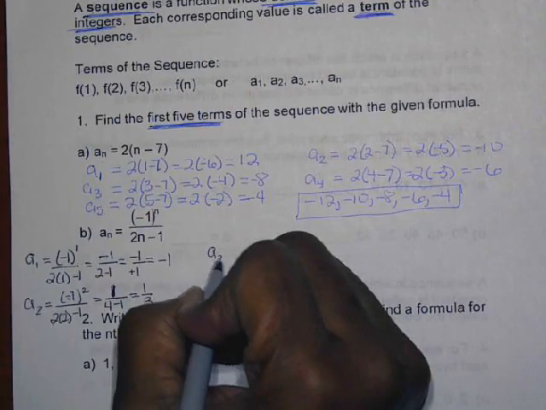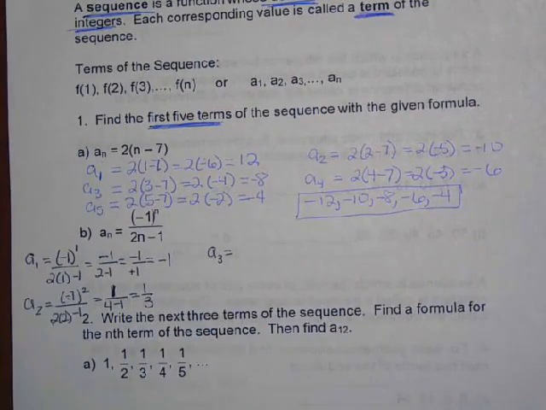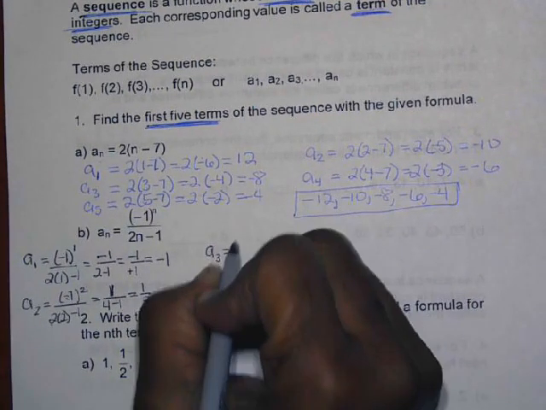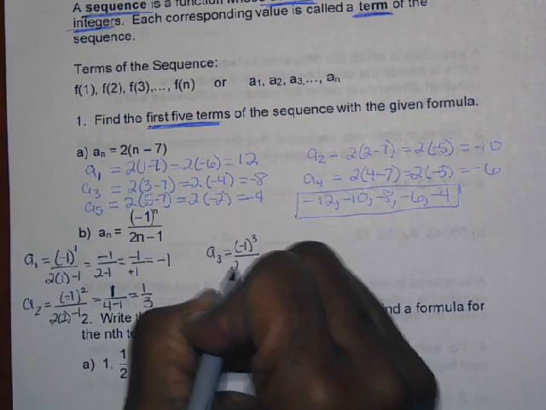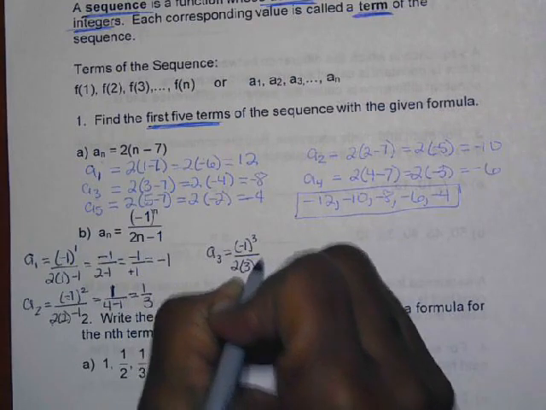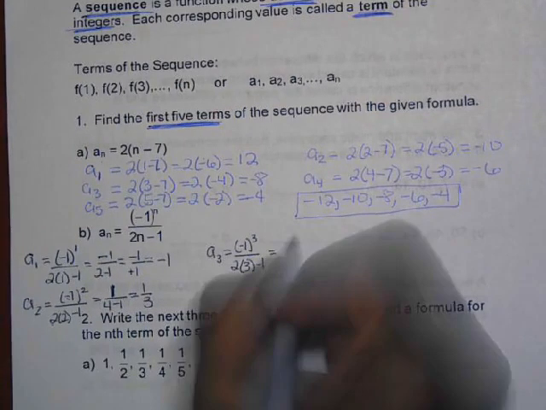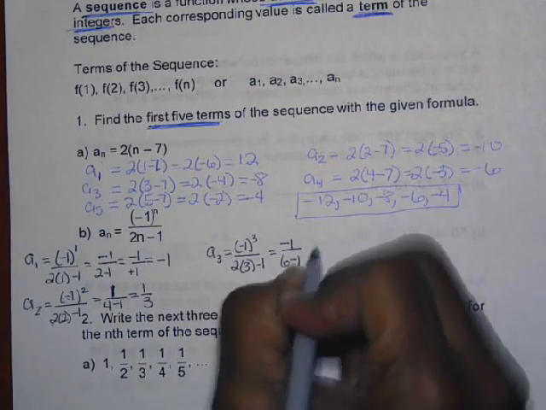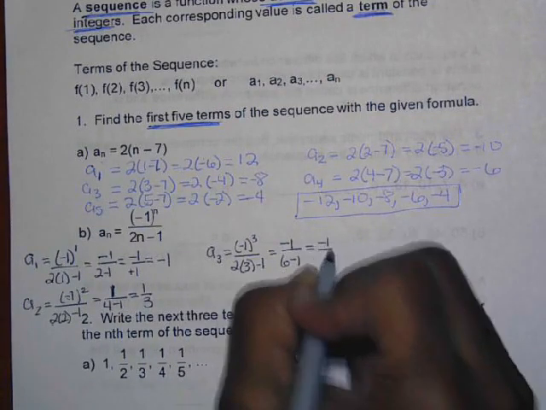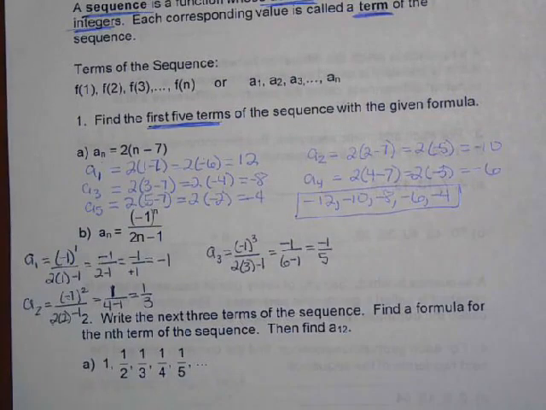A sub 3, negative 1 to the third power over 2 times 3 minus 1, negative 1 over 6 subtract 1, negative 1 over 5.